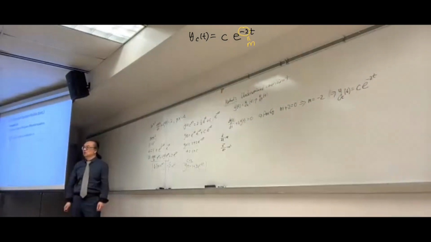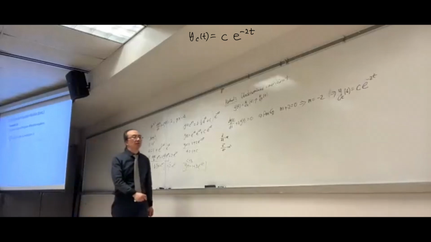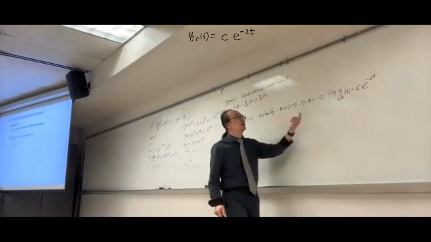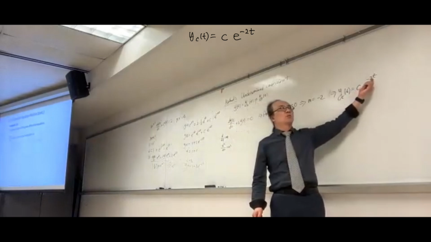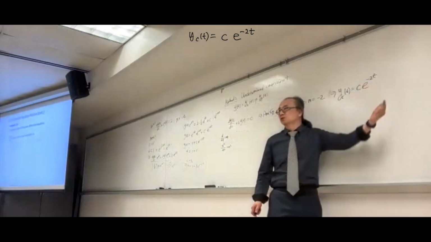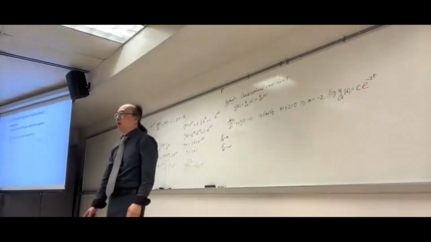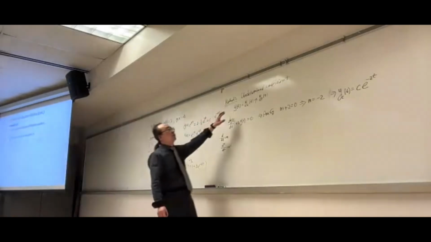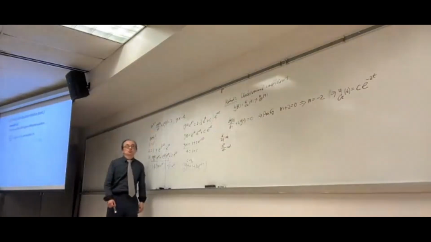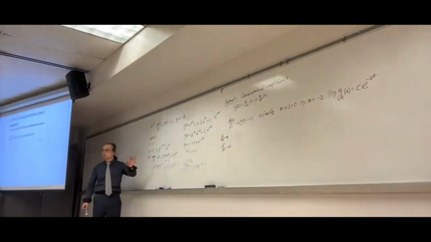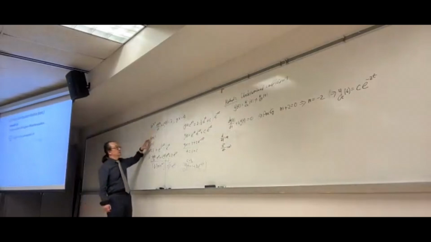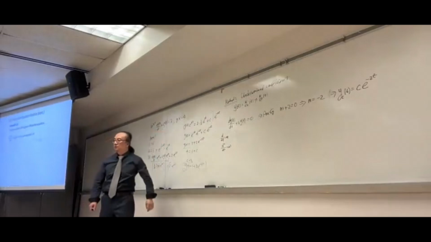If it's a second order differential equation and you have two different m values, then it's c1 e to the m1 t plus c2 e to the m2 t. This undetermined coefficient technique works really well for higher order differential equations, while the integrating factor approach only works with first order differential equations.